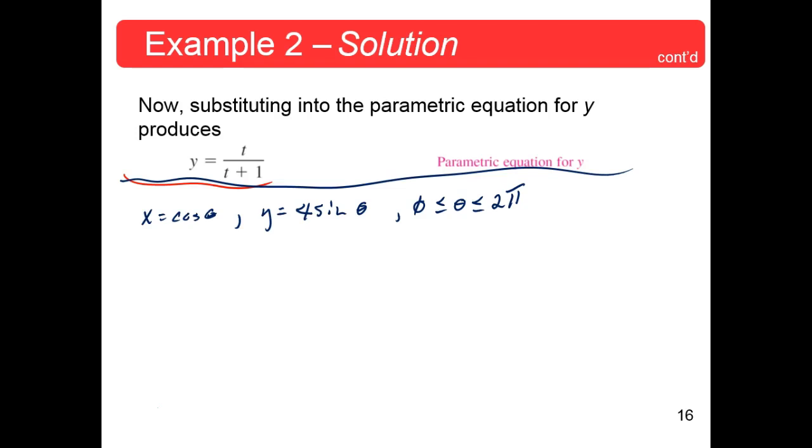Okay? Now, to eliminate the parameter, here's what I would try first. I'm not saying it will work. I left off my 3, didn't I? I think I said it and didn't write it. x is equal to 3 cosine theta, y is equal to 4 sine theta, and theta between those two.